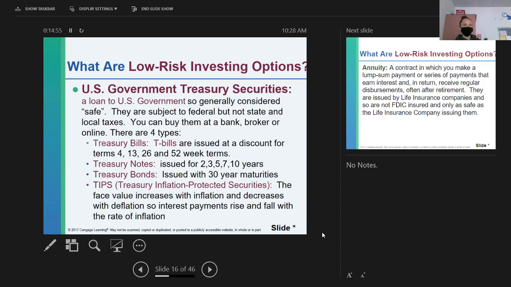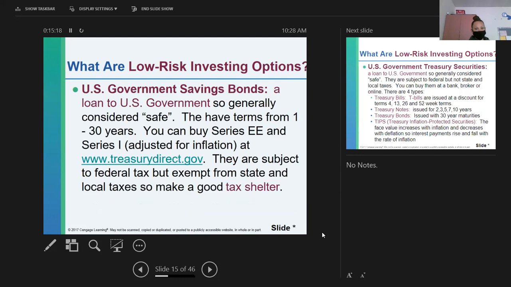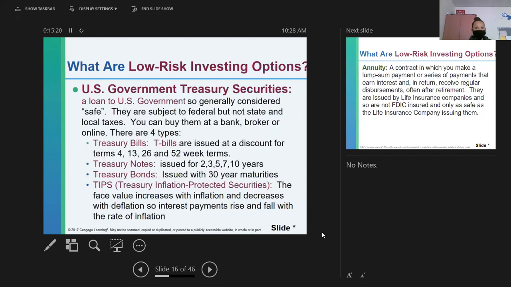So there are also U.S. government treasury securities. I do not need you to know all of these different types. They're on here for reference. They're in your book. But a treasury security is a loan to the U.S. government, so generally considered safe again. They're subject to federal but not state or local taxes, the same as the savings bond.